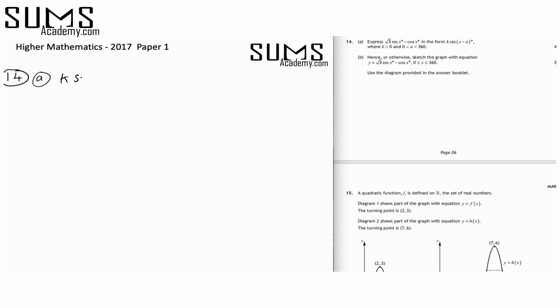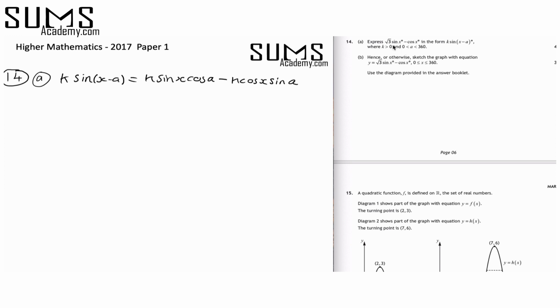So k sine (x minus a) becomes k sine x cos a minus k cos x sine a.